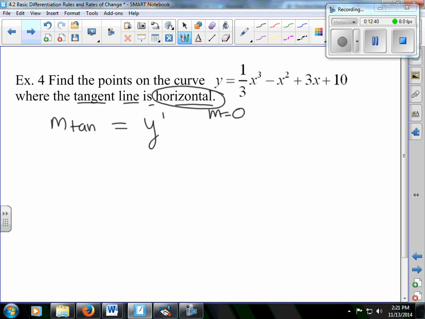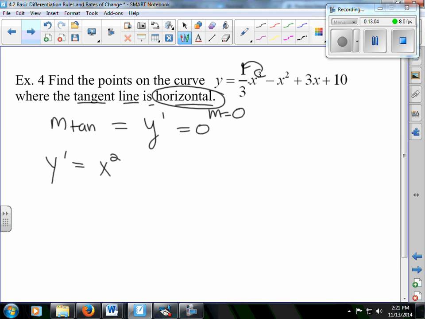And so what I want to know is, when does y prime equal 0? So the first step in figuring out when y prime equals 0 is to figure out y prime. So I'm going to take the derivative here. At this point, I know 1/3 is a constant multiple, so I'm going to do 1/3 times 3x squared. But I'm going to think of taking this 3 and multiplying it to the 1/3, because that's a little simpler.